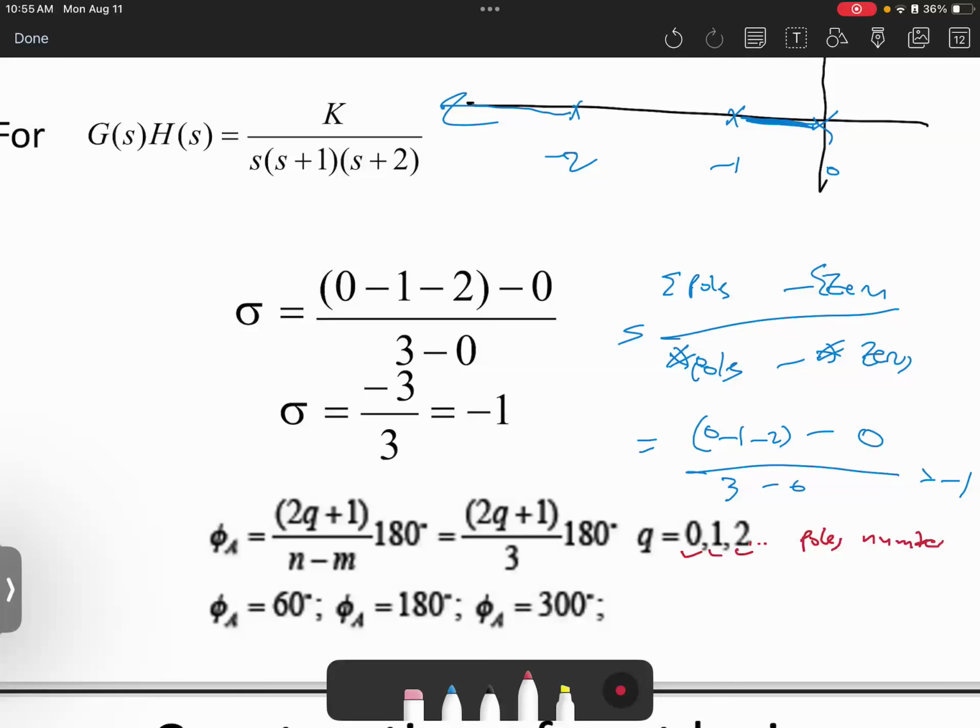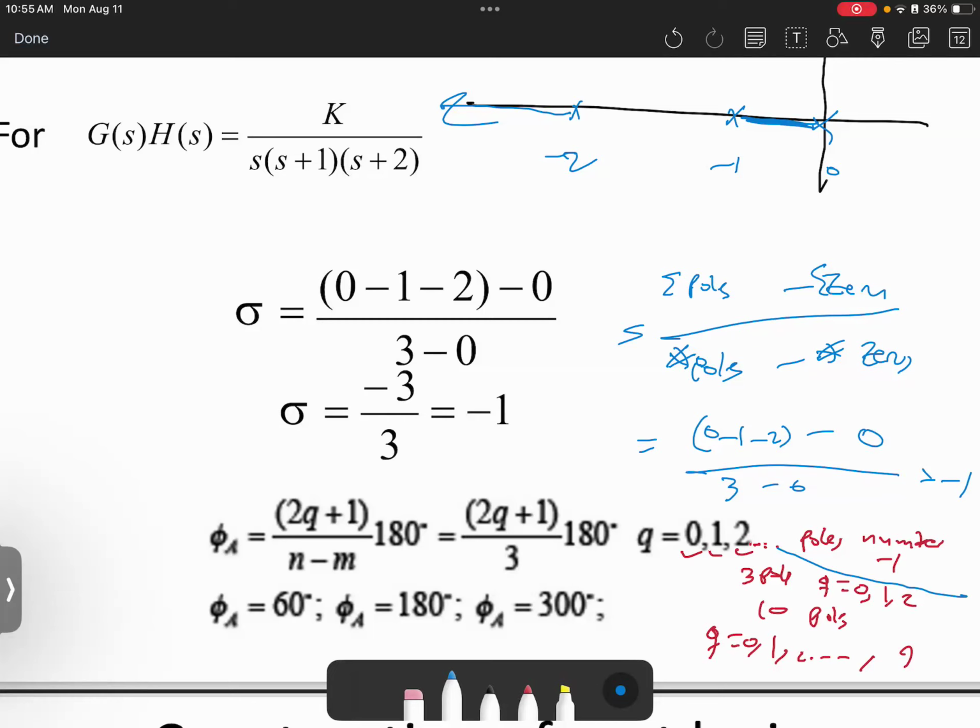If we have 4 poles, substitute q equal 3, then 4. So which is pole numbers minus 1. If we have 10 poles, we will say q equals 0, 1, 2, until 9. If we have 3 poles, we will say q equals 0, 1, 2, and so on. That's how we stop, or how we substitute q.